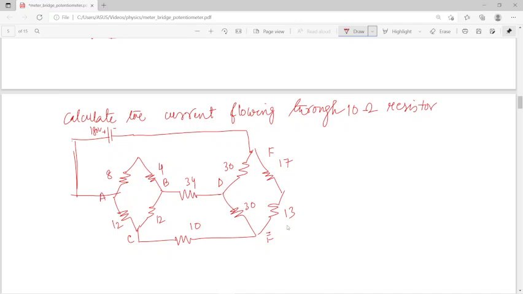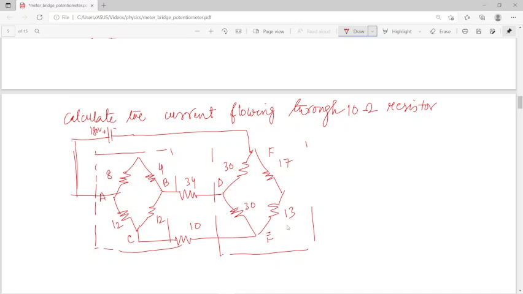If this type of problem is given, then you can convert it into a star network, or from a delta network you can convert it into a star network. Because that is the part that you can convert, and that is also a part that you can convert.